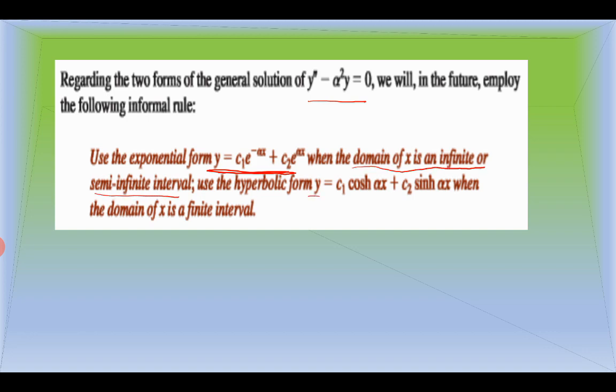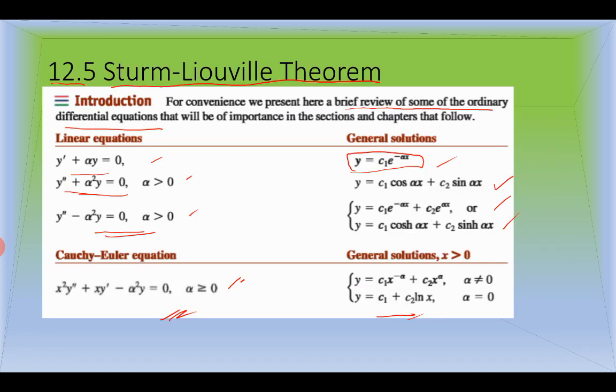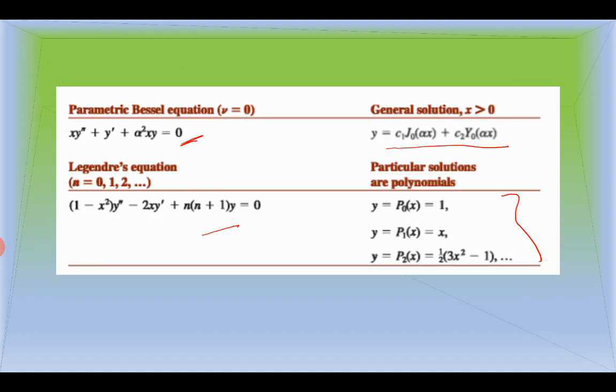There are two forms of solution for this case. Here there are two forms of solutions. The first one will be used for this differential equation when the domain falls in semi-infinite or infinite intervals, right? Otherwise, if it is a finite interval, you will use this solution.